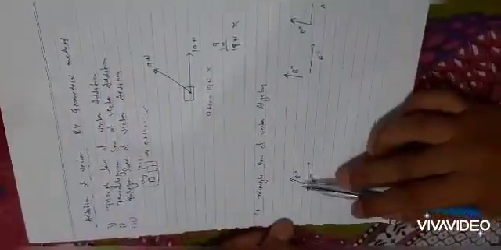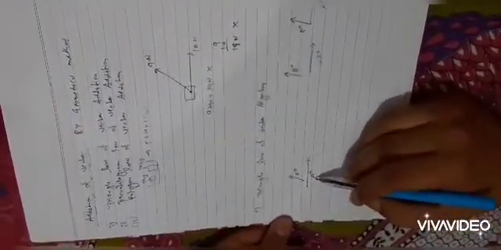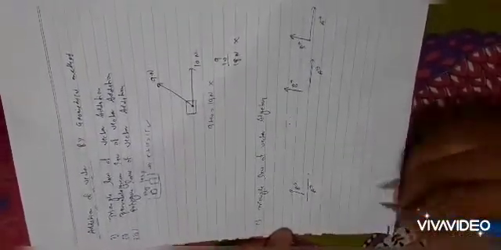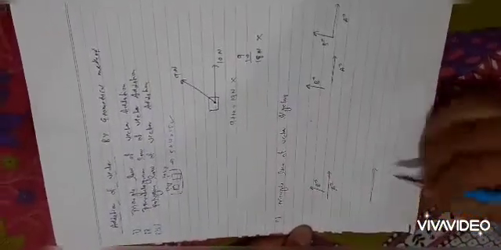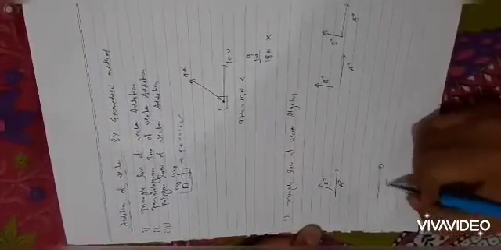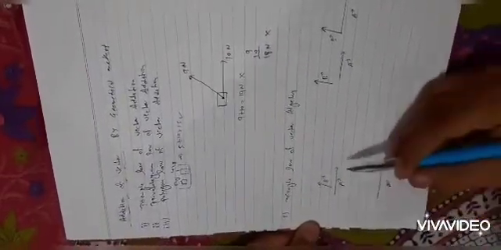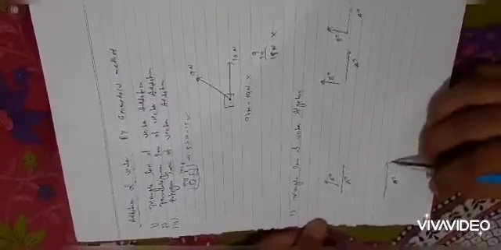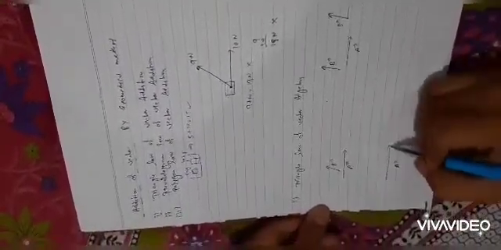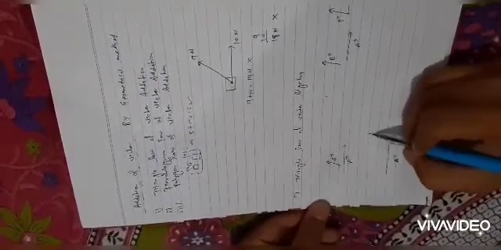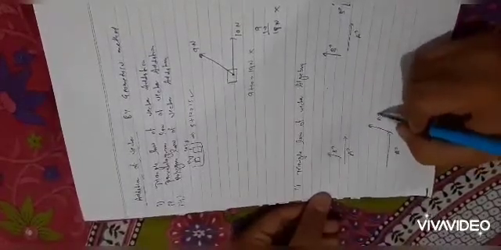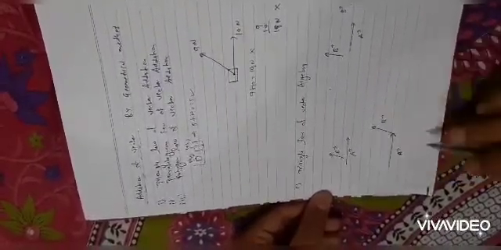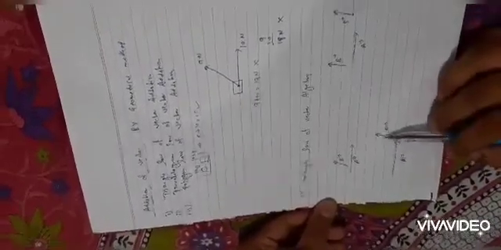Now let's talk about the triangle law of vector algebra. Suppose you have these two vectors. As I told you, you have to shift these vectors. So here is your vector A. What we have to do is just connect the second vector with the head of your first vector, like this.